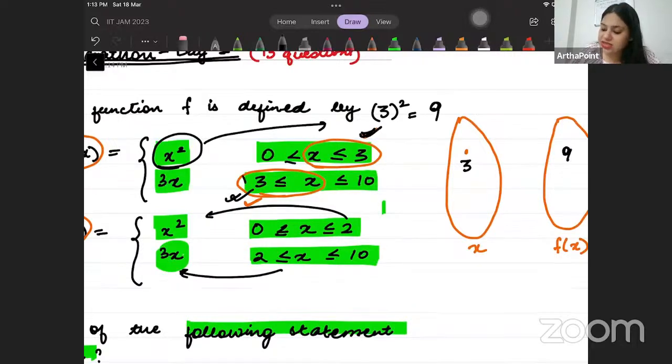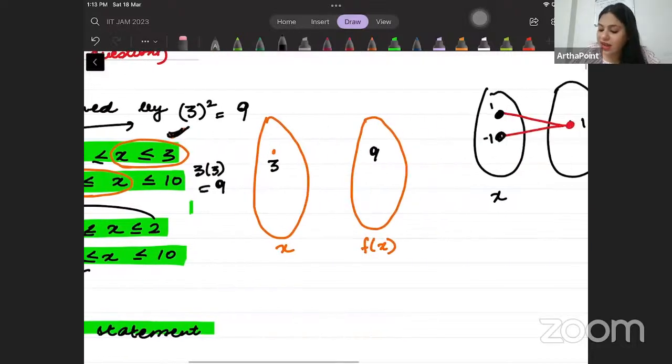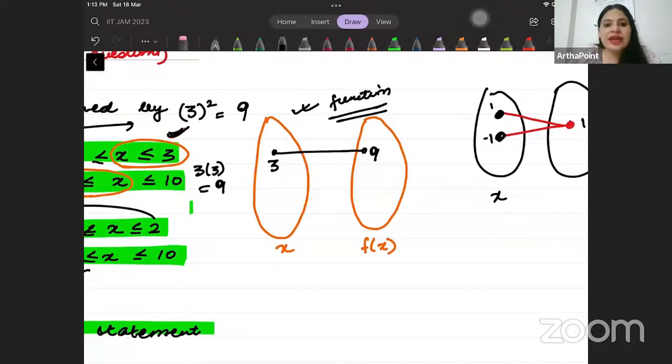And when I put x equal to 3 in this part, I get 3 into 3, which is also 9. So one value of x is linked to only one value of y. So this is a function. This is correct.